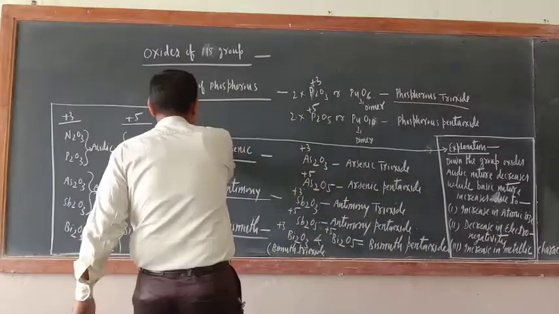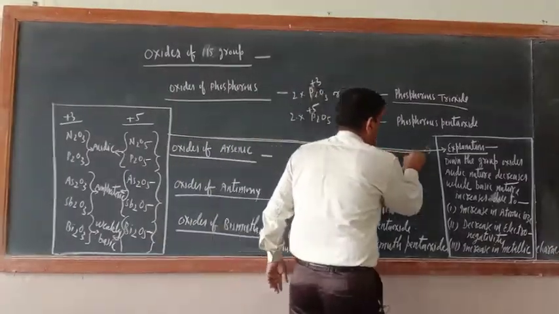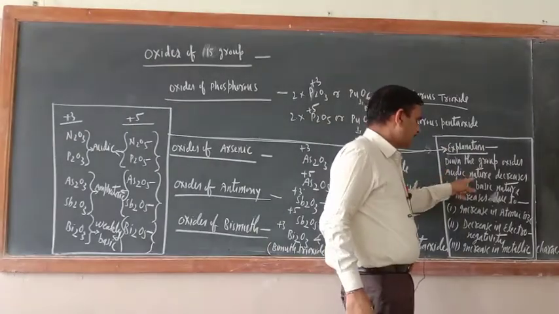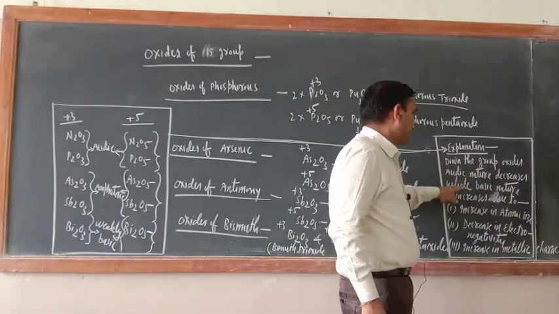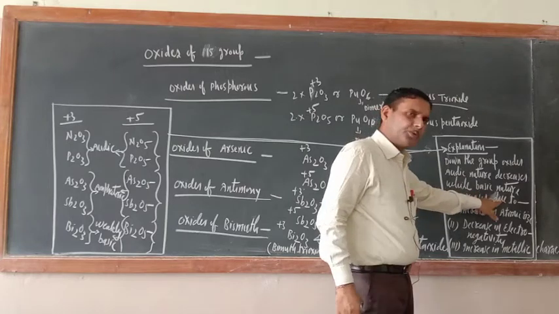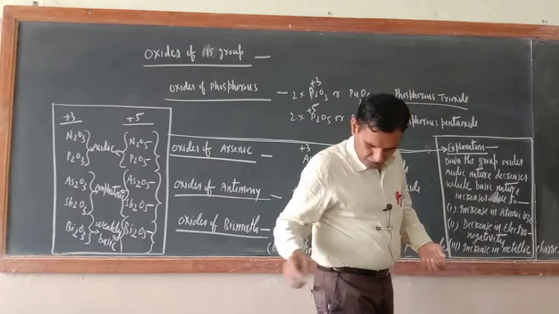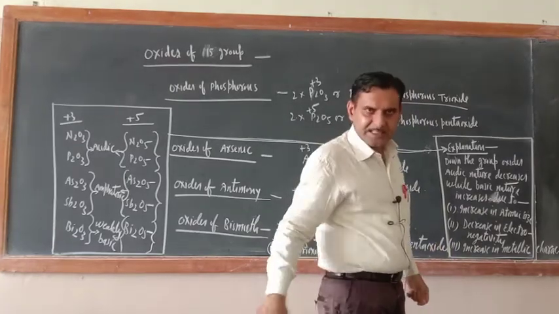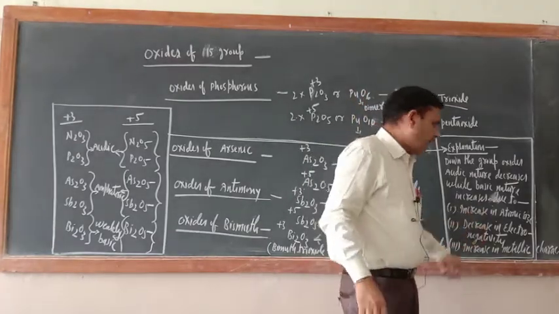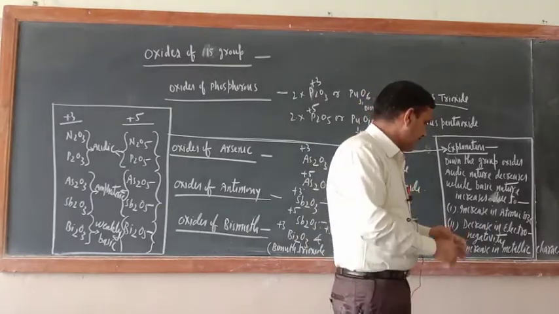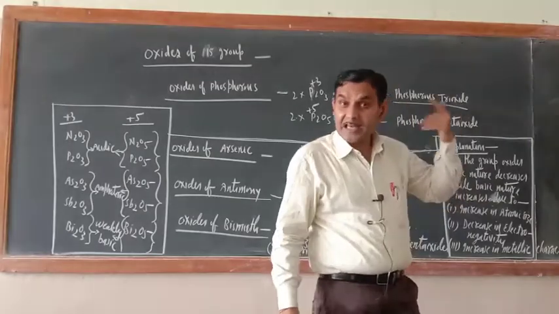Their explanation I have given this side. Down the group, the oxides' acidic nature decreases while basic nature increases due to, number 1, increase in atomic size. Down the group, atomic size is increasing. Now electronegativity decreases, and moreover metallic character increases.